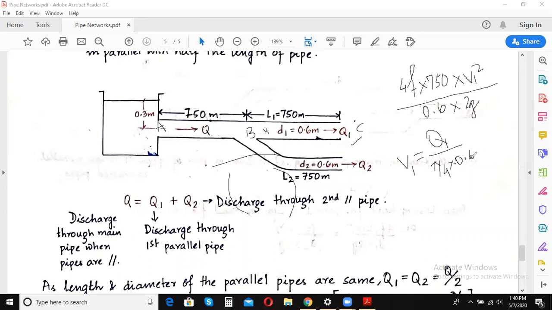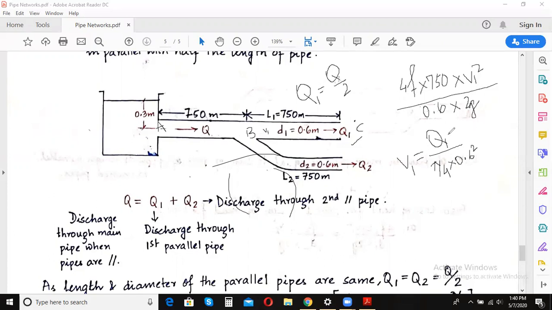We had already derived that Q1 is going to be equal to half the discharge through the original pipe, the main pipe. So this is Q, and the discharge through BC is Q1. So Q1 is going to be half of Q, right?